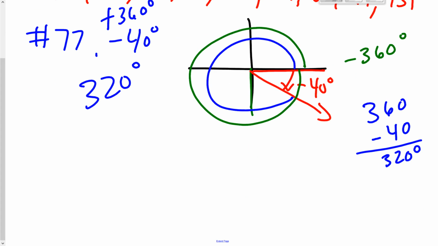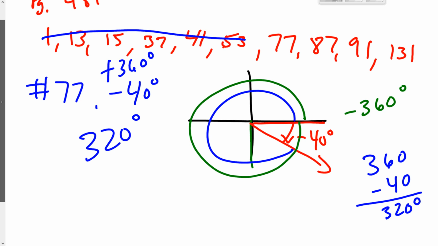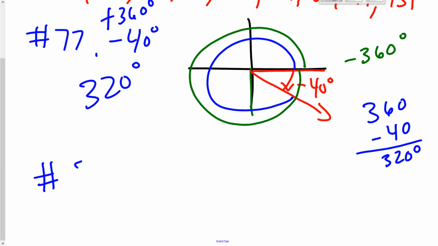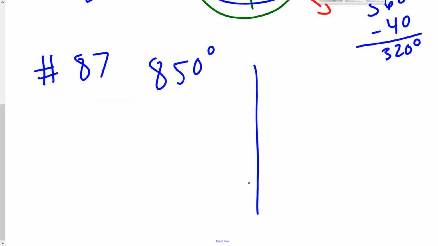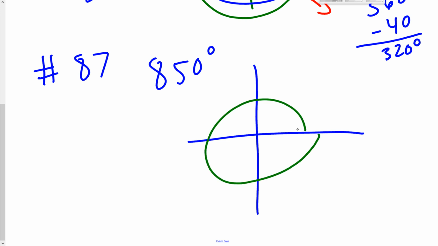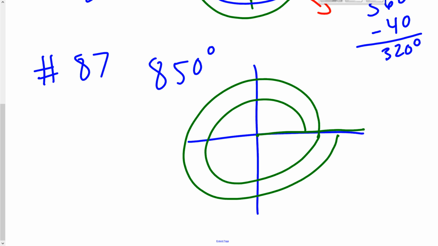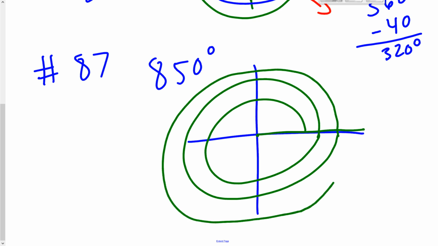Okay, let's look at number 87. Okay, 850. So this one's a little bigger. The bigger ones are tougher, right? So what you can do is you're going positive. So 1 full rotation, 2 rotations is 720.